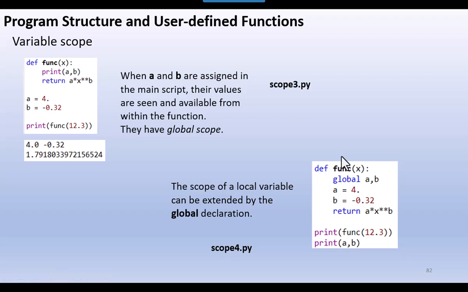So that is a little bit in terms of scope. And the main thing to realize there is that the main script cannot see into a function, but from within the function, you can see variables in the main script. It's not quite a two-way street there, all right?